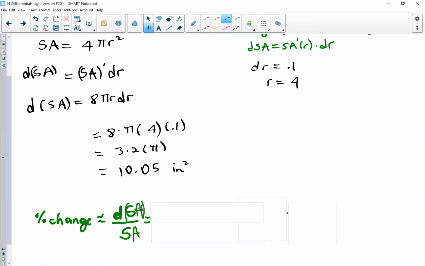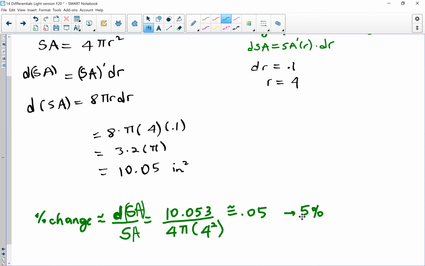So we already know dSA, the change in surface area, is 10.05, and divide that by, I use one more decimal there, the actual surface area, which is 4 pi r squared, where r equals 4. Again, you may want to do the bottom separately, top separately, and then take the ratio. And if you do that, you're going to get 0.05, in other words, 5%. So we estimate that if the radius goes from 4 to 4.1, the surface area will change by 5%.